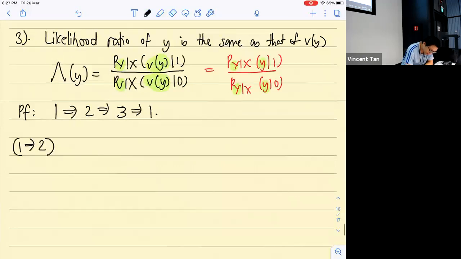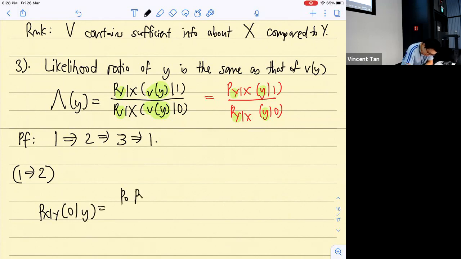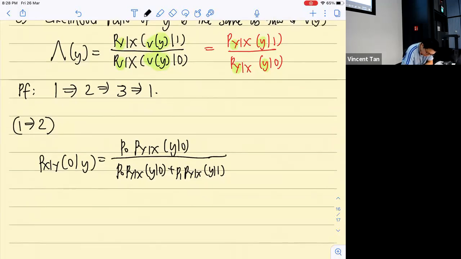So now let us form this particular function, p of x given y, 0 given y. We are only interested in the binary hypothesis testing scenario, and this is a matter of Bayes' rule. p0 p of y given x, y given 0, over p0 p of y given x, y given 0, plus p1 p of y given x, y given 1. This is nothing but Bayes' rule.